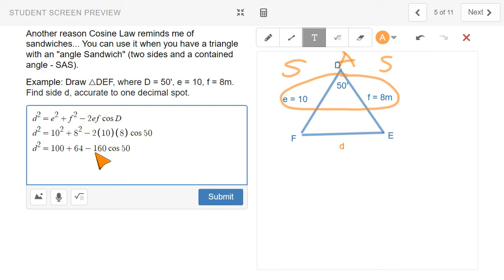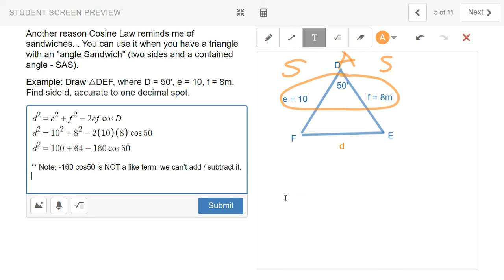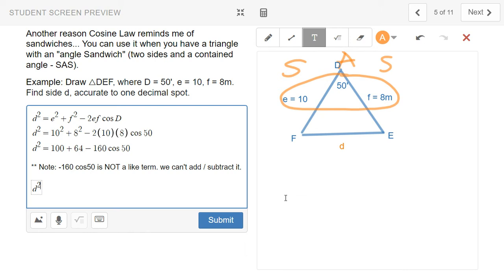Now be very careful because 160 times cosine 50 is not a like term, so I cannot add it to those. So let's note negative 160 cosine 50 is not a like term. We can't add or subtract it. So that means when I simplify, I have D squared is equal to 164 minus 160 cosine 50.